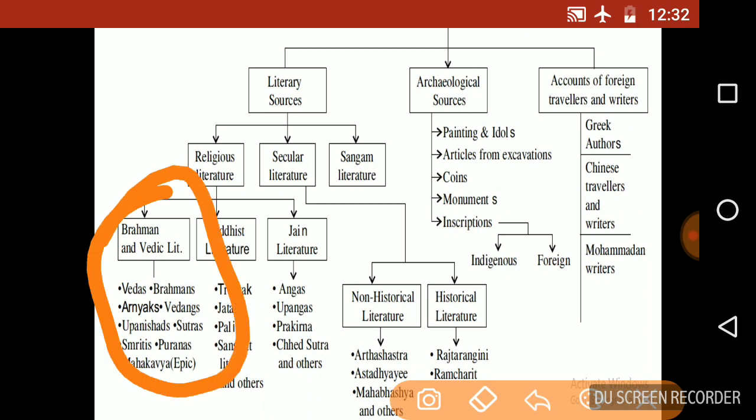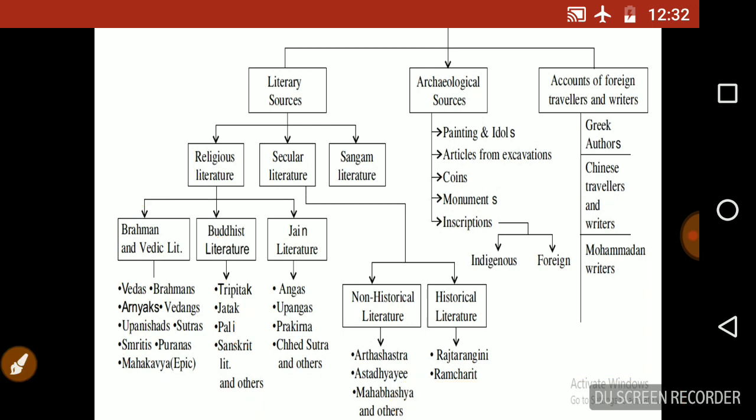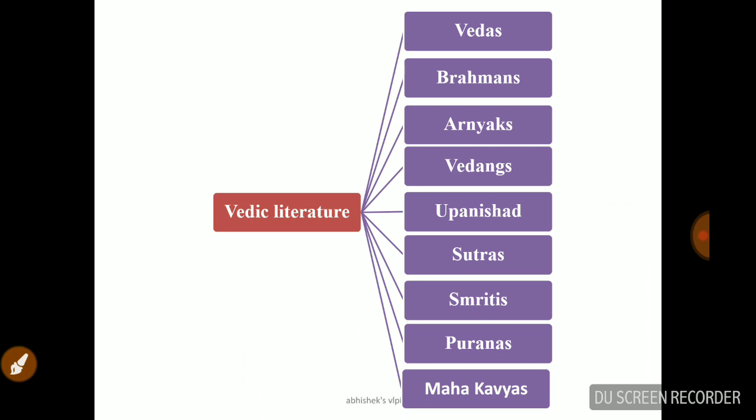As in the tree, it has Vedas, Brahmanas, Aranyakas, Vedangas, Upanishads, Sutras, Smritis, Puranas, and Mahakavyas. Let us start the class with the Vedic literature.